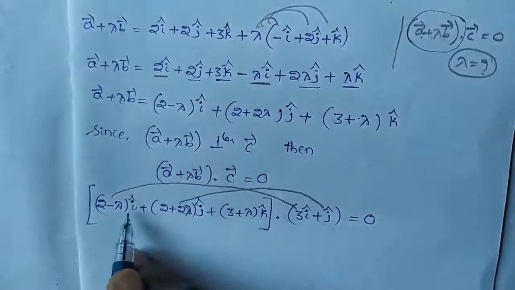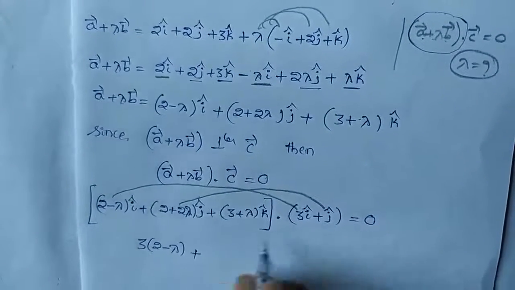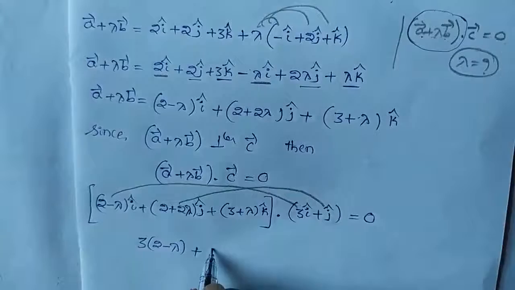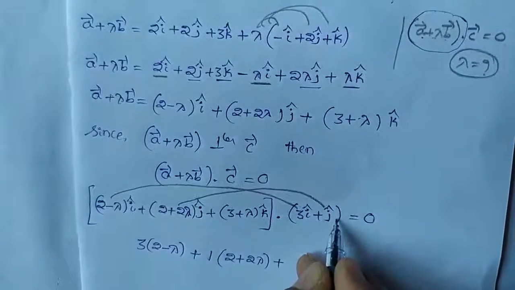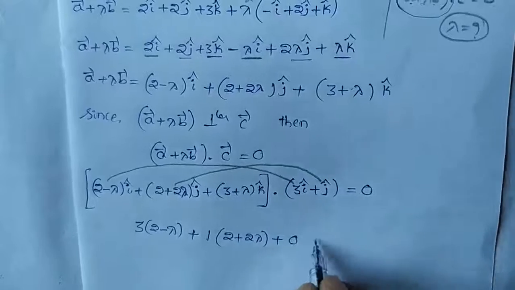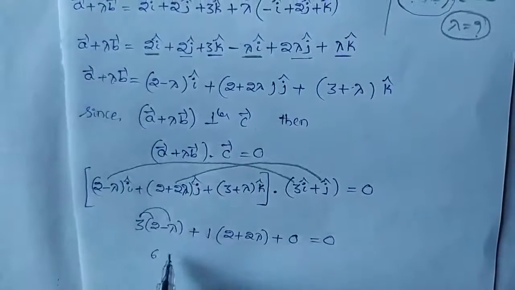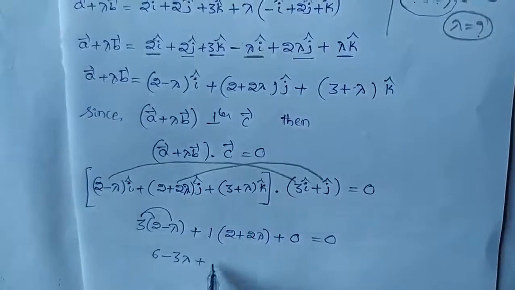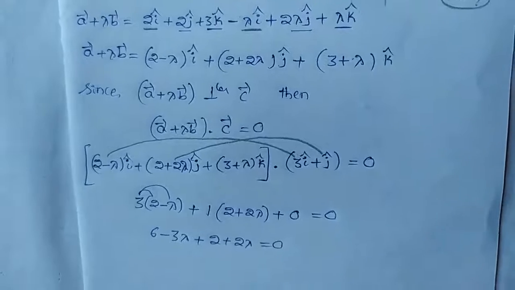i component into i component: 3 into (2 minus lambda), plus j component: 1 into (2 plus 2 lambda), plus k component we don't have, so that will be 0, equals 0. Now 3 into 2 is 6, 3 into lambda is minus 3 lambda, plus 2 plus 2 lambda equals 0. Find the value of lambda.